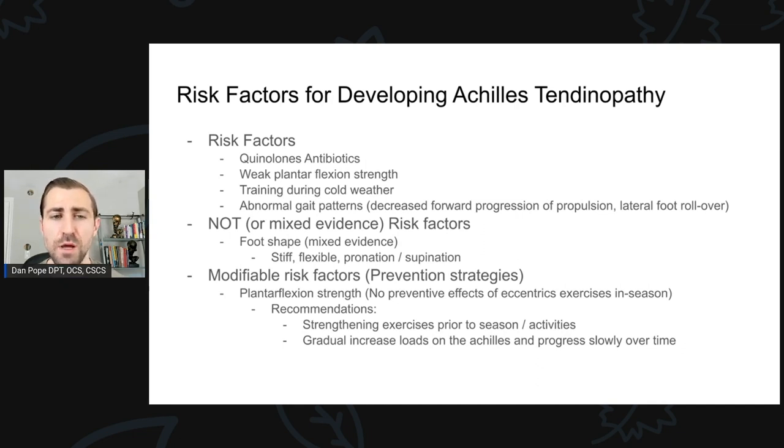What was not a risk factor for developing Achilles tendinopathy, or which of these had mixed research? One is foot shape. Some folks have a stiffer foot, some people have a flexible foot, some people have more or less pronation or supination, maybe at rest, or with running or walking.